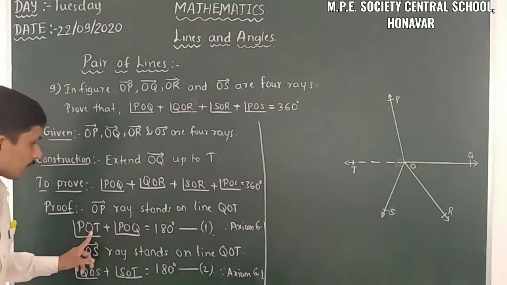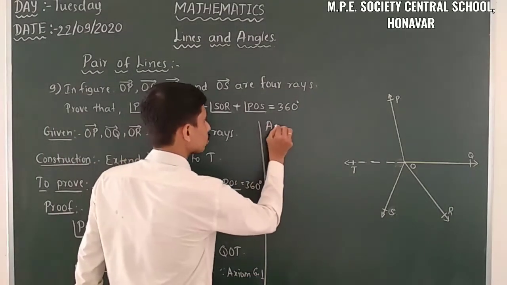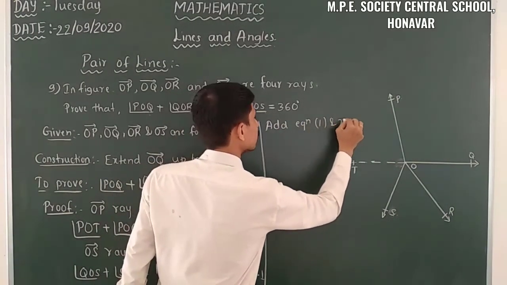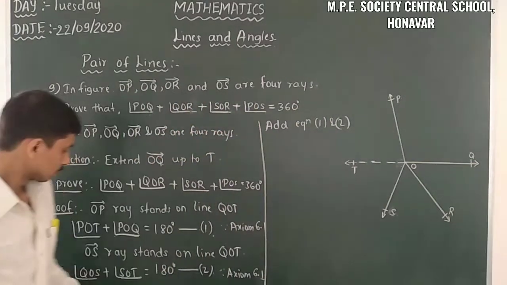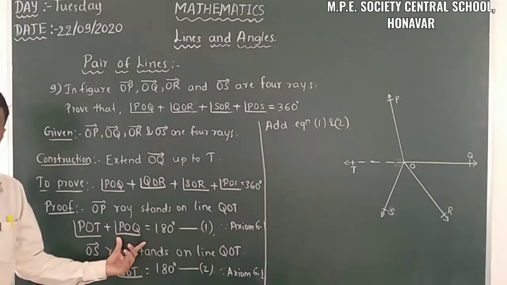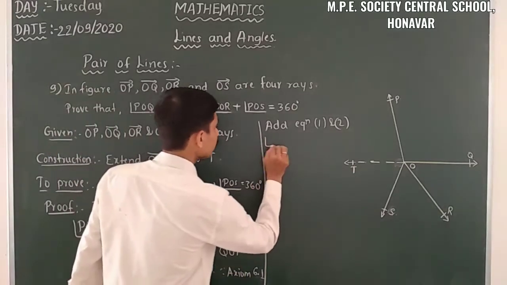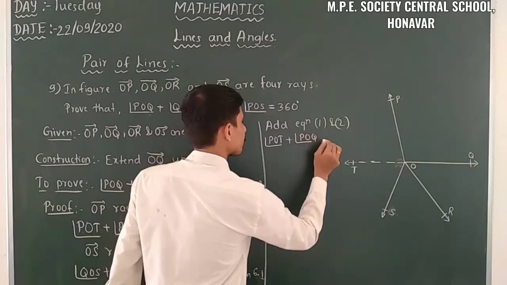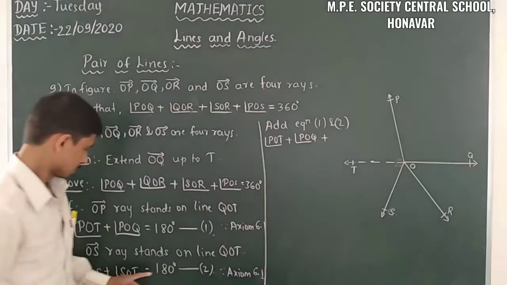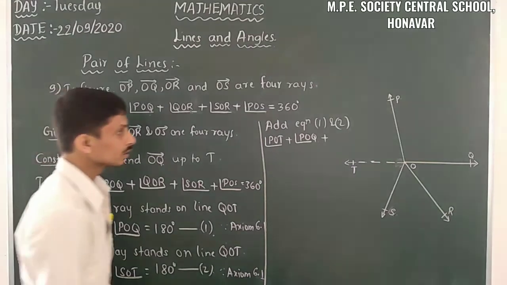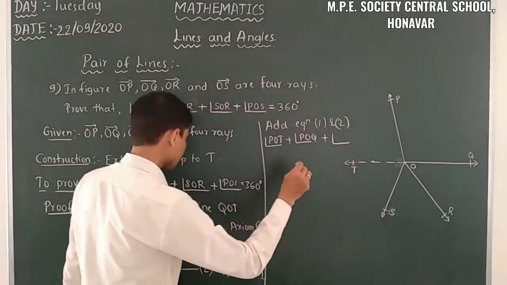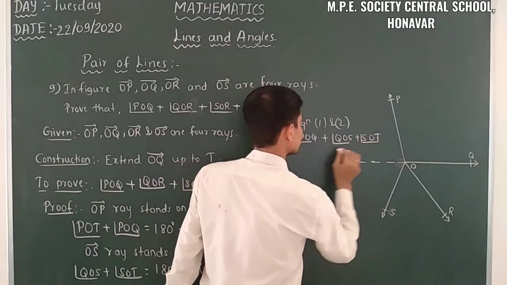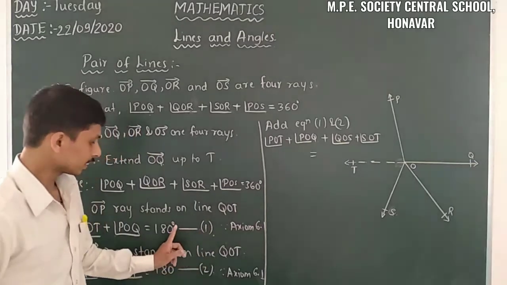Just observe. Here add equations 1 and 2. So angle POT plus angle POQ, plus angle QOS plus angle SOT is equal to 180 degrees plus 180 degrees.